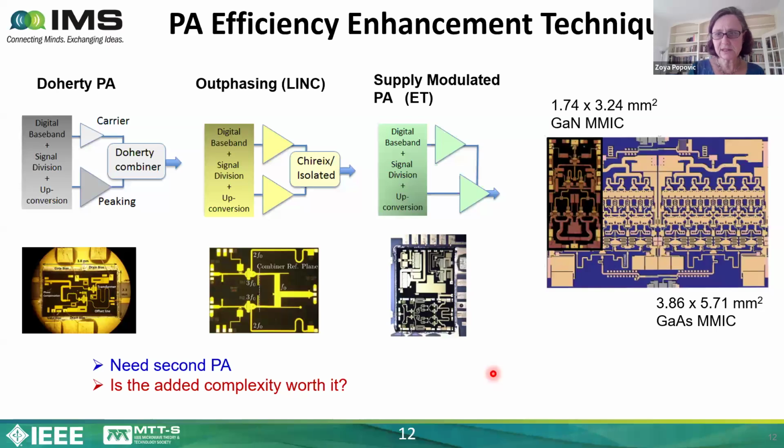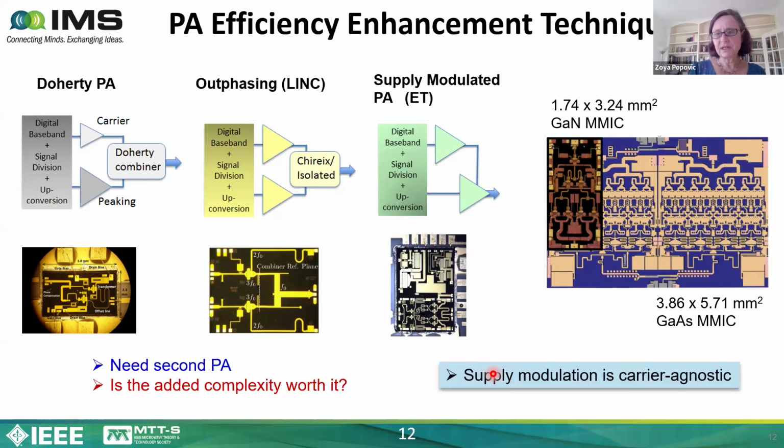I'll talk about supply modulation because I think that's a very interesting approach. It's used in quite a few systems, not as much as the Doherty. But the reason I think it's interesting is that it is carrier agnostic, which means you can apply it at pretty much any frequency you want, and you could swap the power amplifier and maintain the other part of the system.